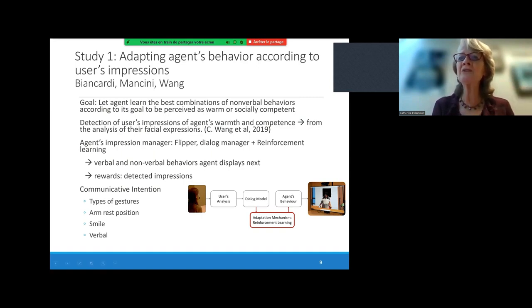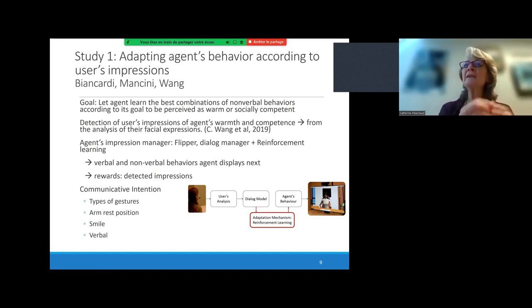That means that given an intention, the adaptation mechanism finds the best type of nonverbal behaviors that could be used to convey this intention. And we consider different types of gestures.